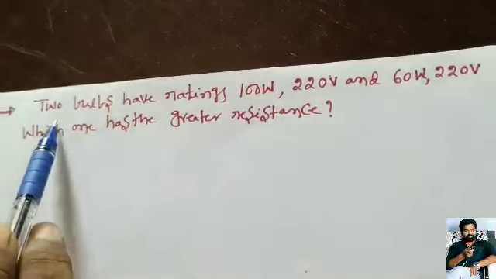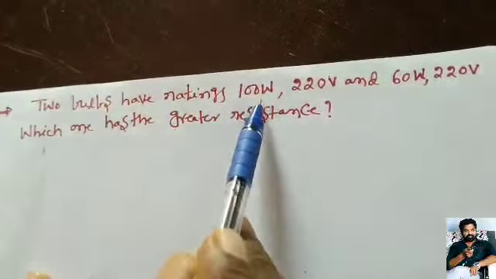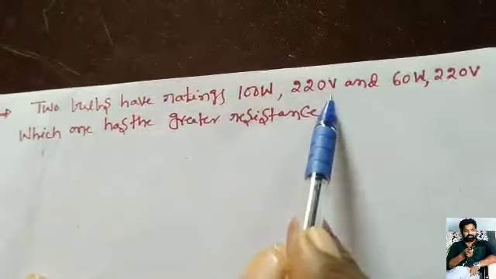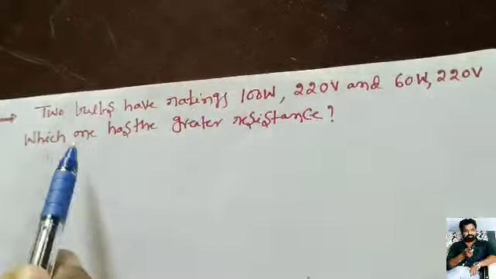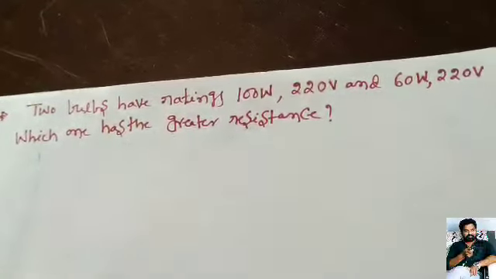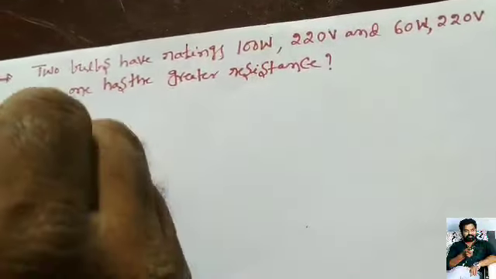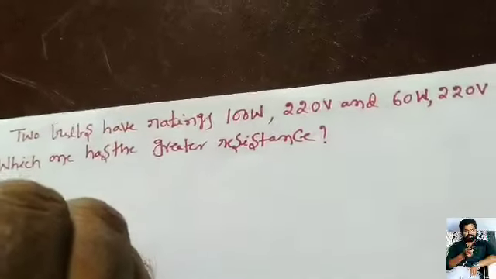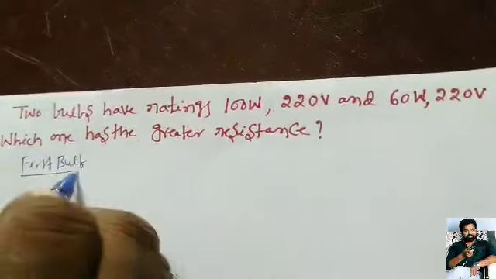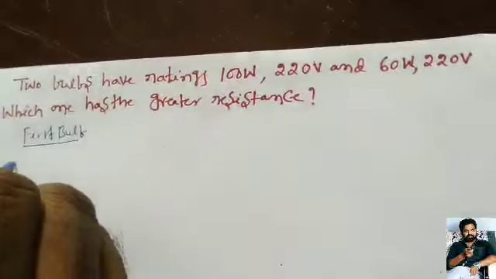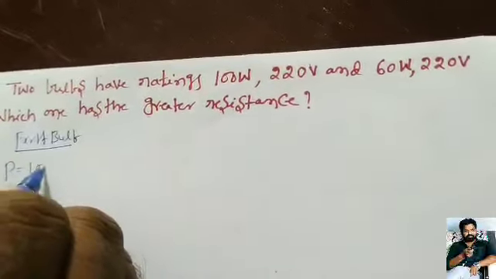Problem. Two bulbs have ratings 100 watt 220 volts and 60 watts 220 volts. Which one has the greater resistance? So for the first bulb, power P is given, P is 100 watts.